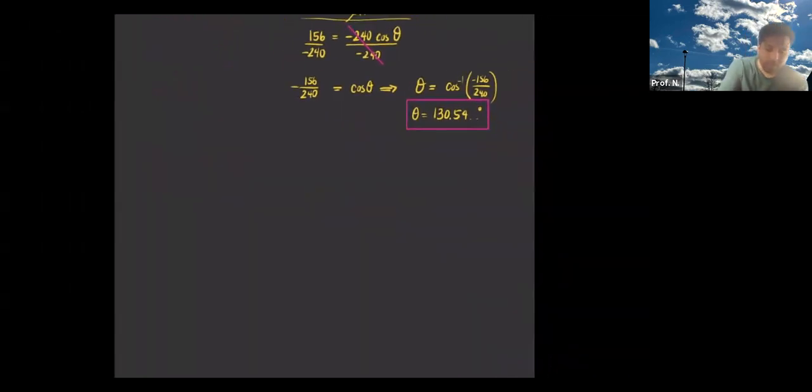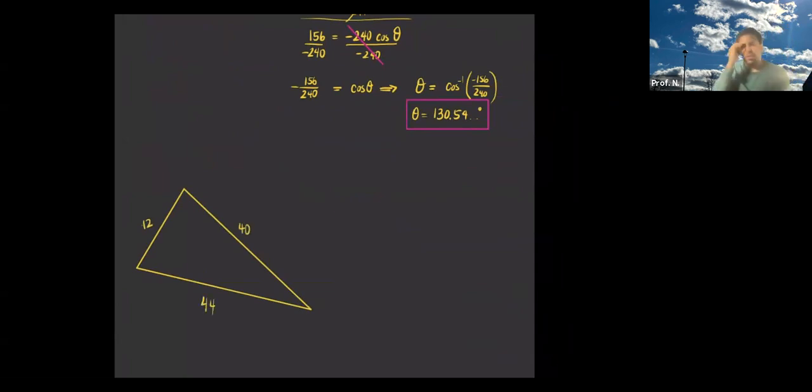All right. So what if I have a triangle like this? And this is 12, 40, and 44. And hopefully you can realize something.